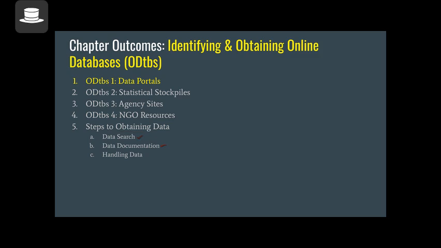Remember, data documentation is a file that carries information about the identified and located data. Three, once you get the data and the documentation, how to handle that data to get a general sense of the structure of the data. That's what we'll do in this unit. First, let's start with the first source of online databases, namely data portals.